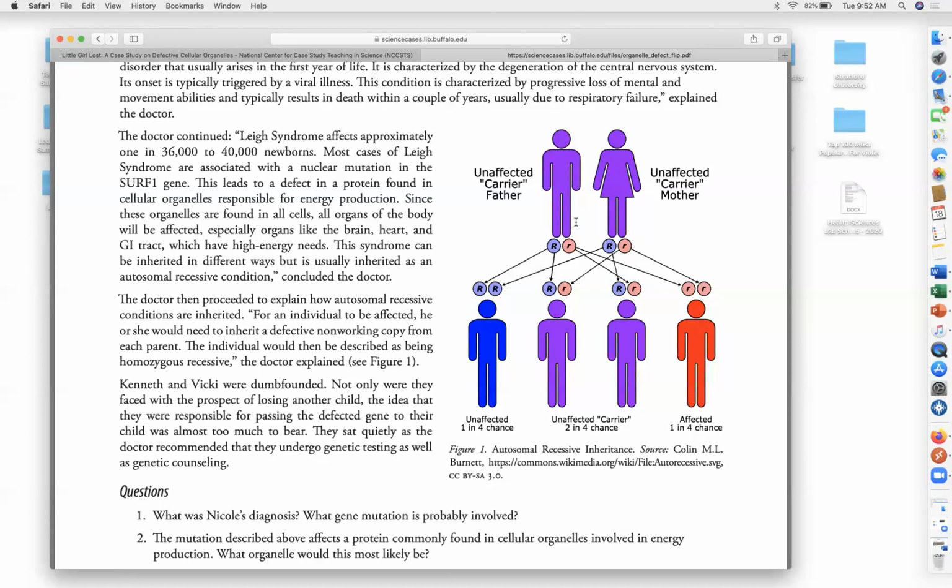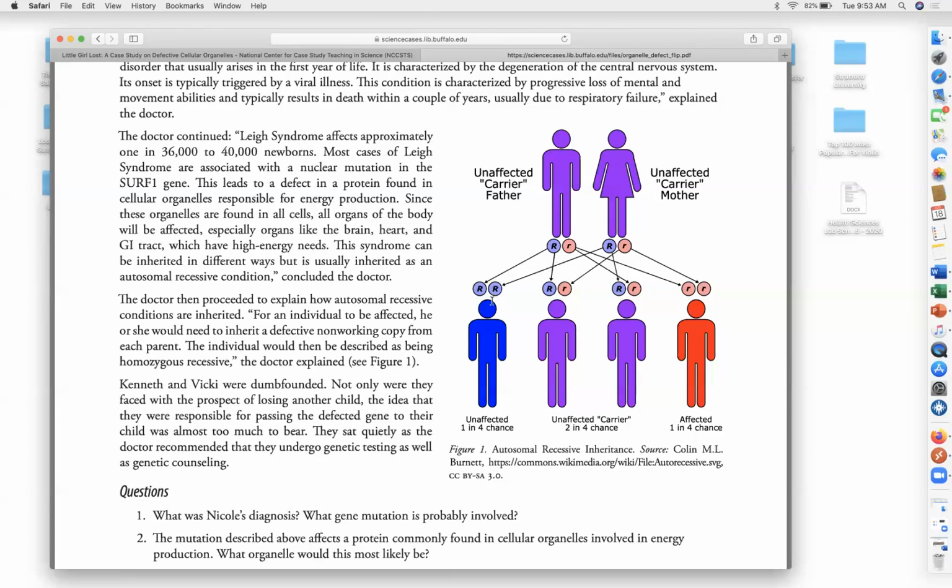Okay? And I could take away all the people, right? And just have the R and little r. And then I could ask you, do they have the disease, or are they a carrier, or are they completely normal? And you will be able to tell me that all of these people are carriers.